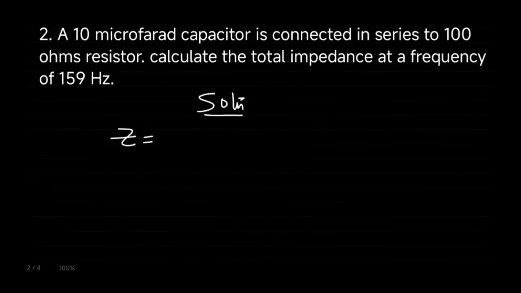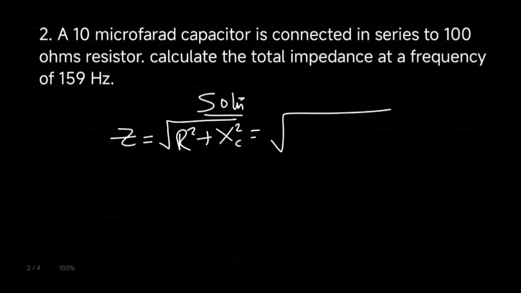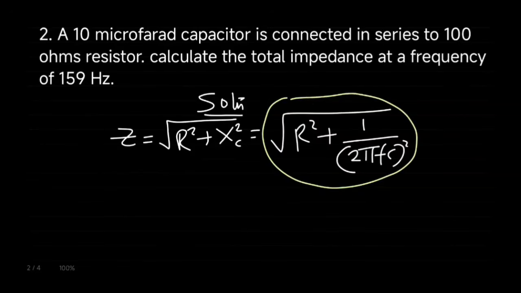Our Z, which is the impedance, is equal to the square root of R square plus capacitive reactance all square. We'll be having R square plus 1 all over 2 pi fC all square. Because we have the frequency and we have the capacitor, we'll be using this equation here to solve this problem.